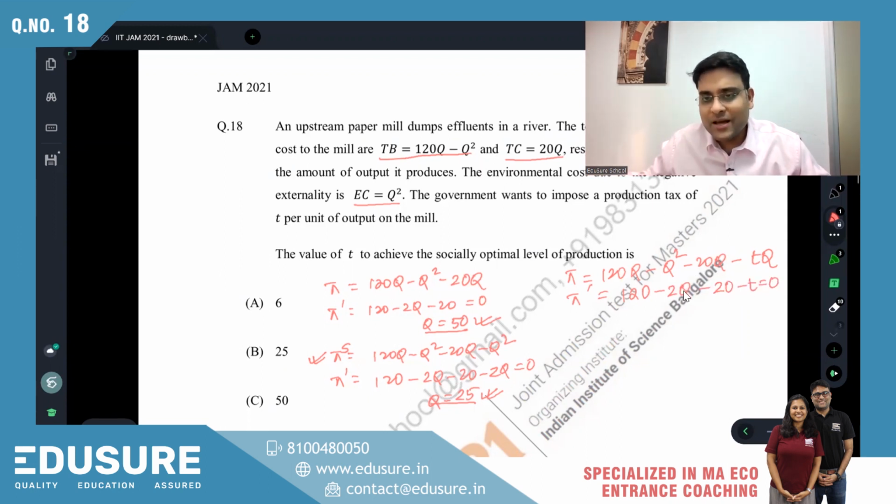Socially optimal amount is 25. So 120 minus 20, therefore T is equal to 2 into Q, Q is equal to 25, right? So just substitute that, you will get the value of T, 50.